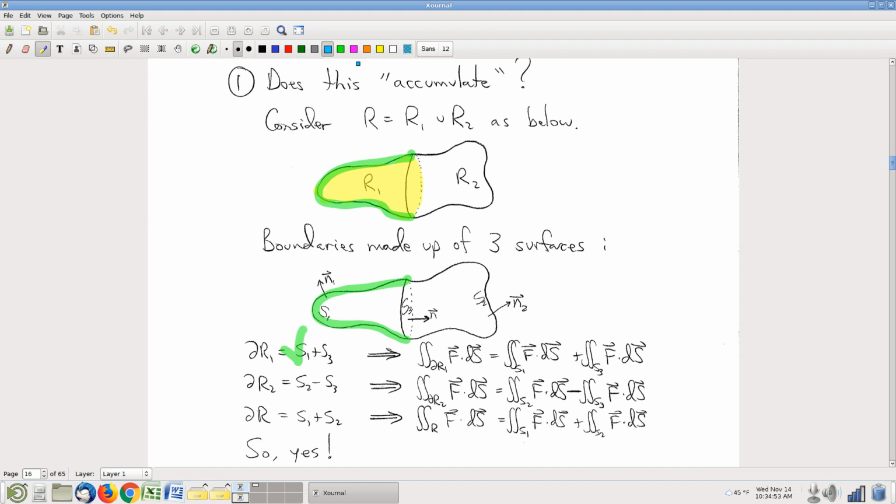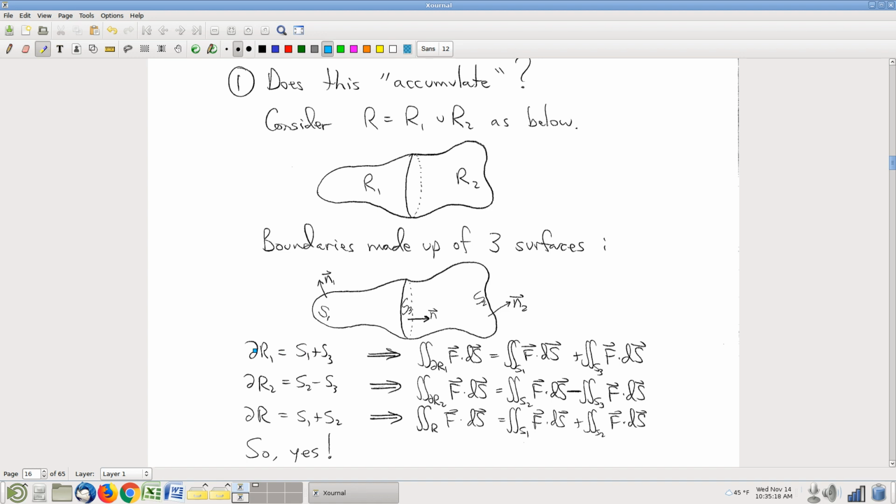And then there's this thing, which, as part of the boundary of R1, is oriented outward, always outward. That's the rule. There's R1, outward is to the right. And hey, lo and behold, that is, in fact, the same way that S3 is oriented. And so the boundary of R1 is S1 plus S3. Is everybody happy with that? Okay. All right.